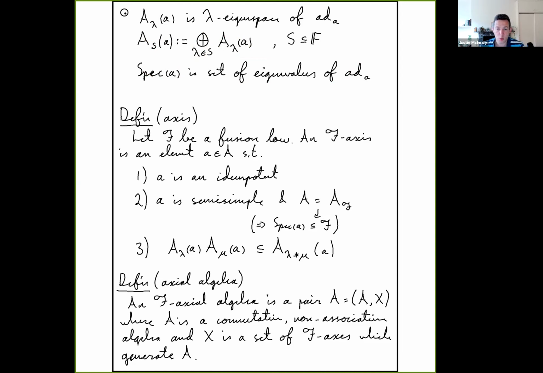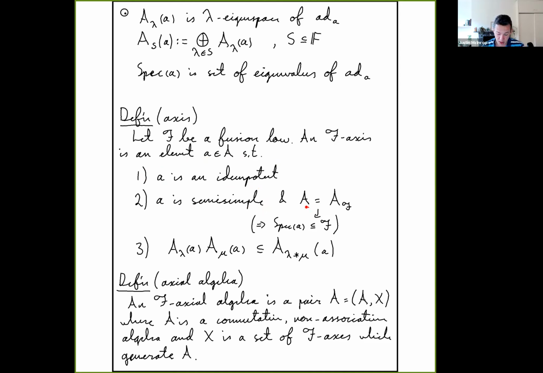And the way we define an axial algebra is as follows. So we define an axis. Given some fusion law, an F-axis, or I will often just say an axis, is an element of my algebra such that it is an idempotent. I'm also going to require it to be semi-simple. So that means the adjoint is diagonalizable.